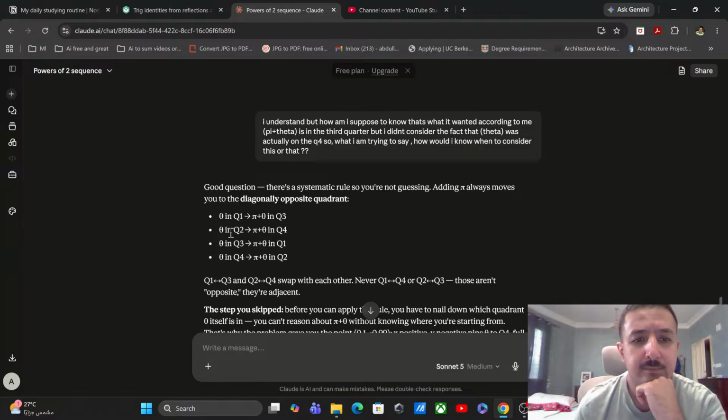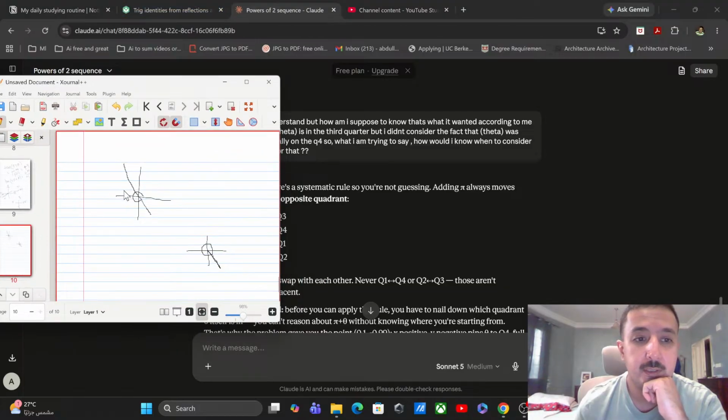Indeed, theta in quadrant 4 plus pi gives quadrant 2. Okay, so Q4 gives us quadrant 2, which makes sense here. We're still in quadrant 2, but the third one is 2 pi minus theta.